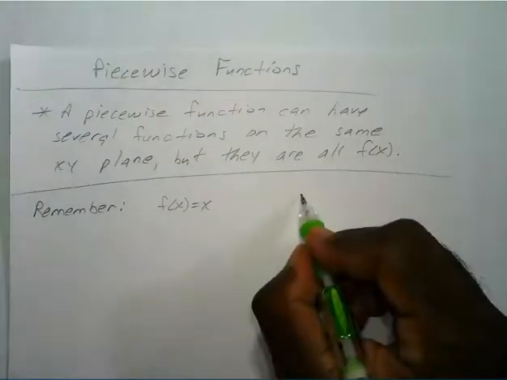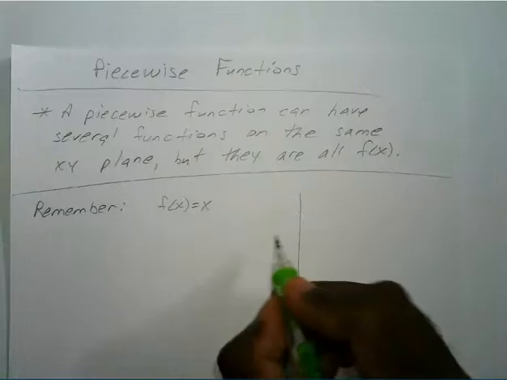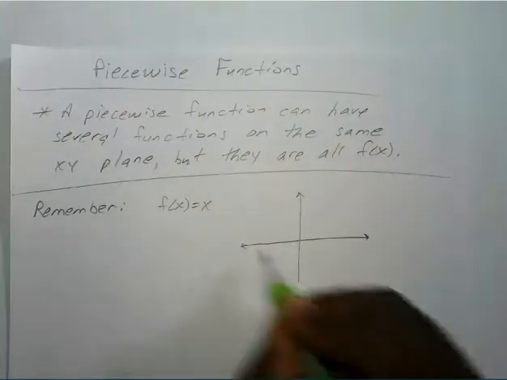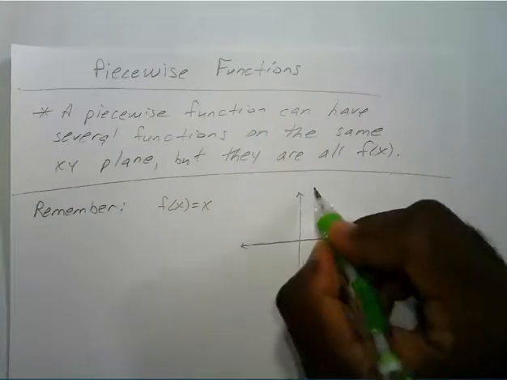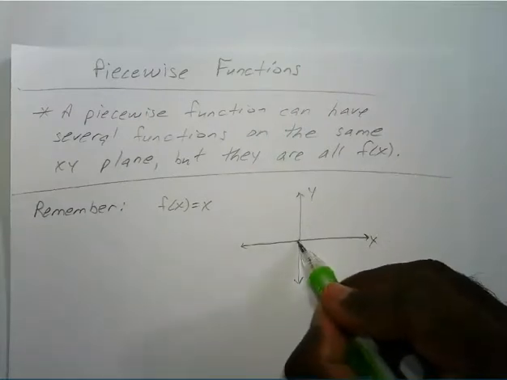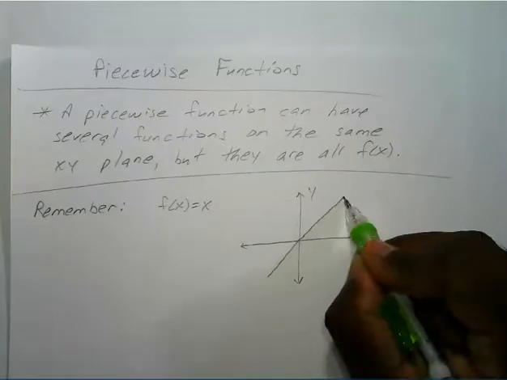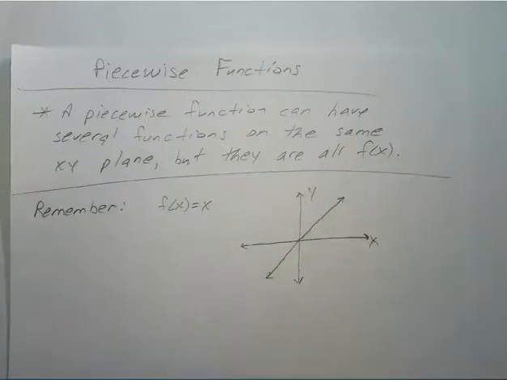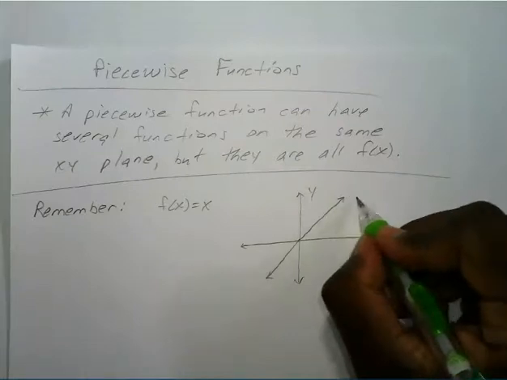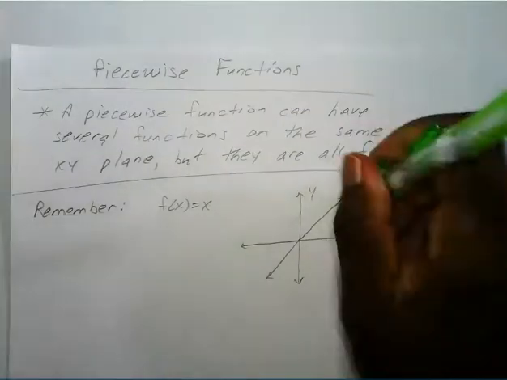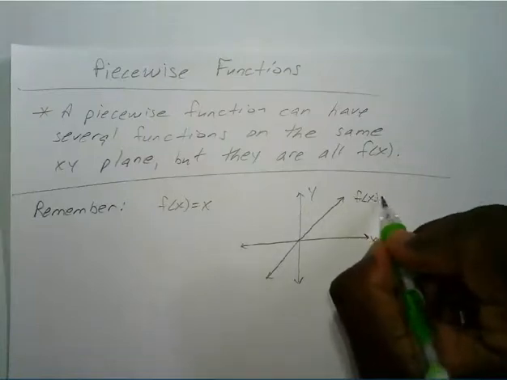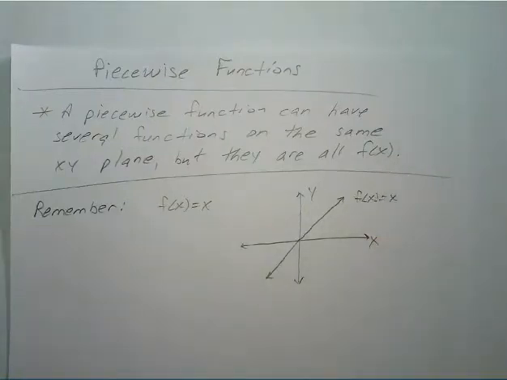The graph of that, if you draw your x and y axis, is just a diagonal line through the origin. So we have our f of x equals x.